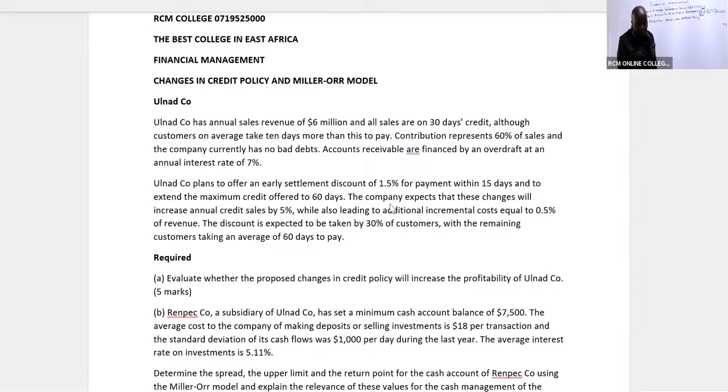The company expects that these changes will increase annual credit sales by 5%, while also leading to additional incremental costs equal to 0.5% of revenue. The discount is expected to be taken by 30% of customers. So 30% of the customers will pay within 15 days, and the remaining 70% will pay within 60 days.